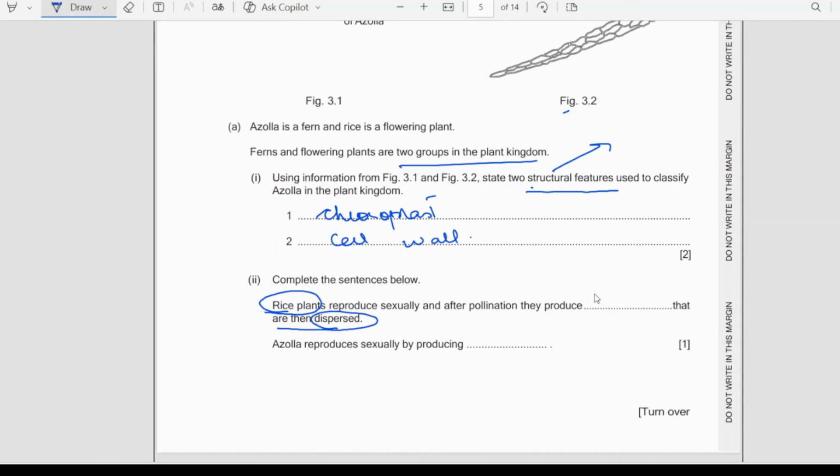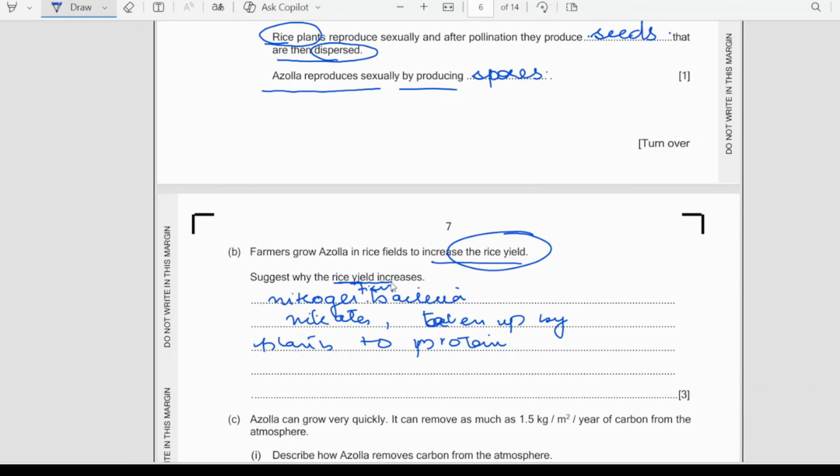We have to focus on yield. There would be more growth. Proteins mean growth, so more growth means more yield. You need to relate the answer with the statement.